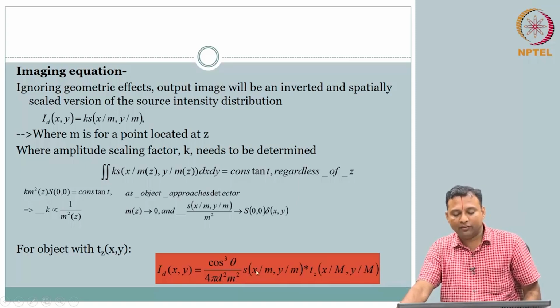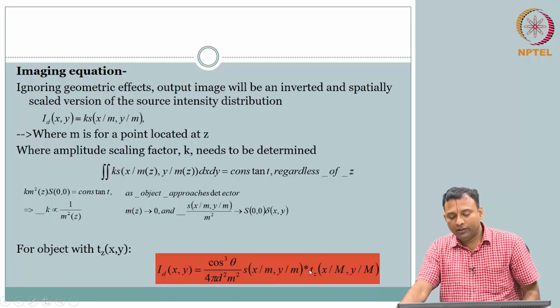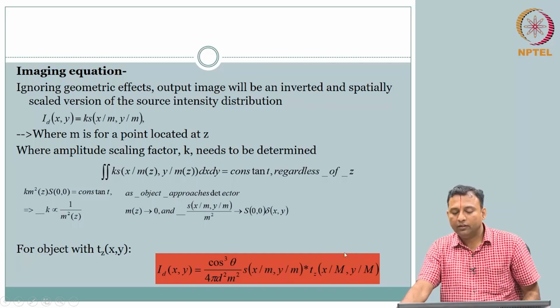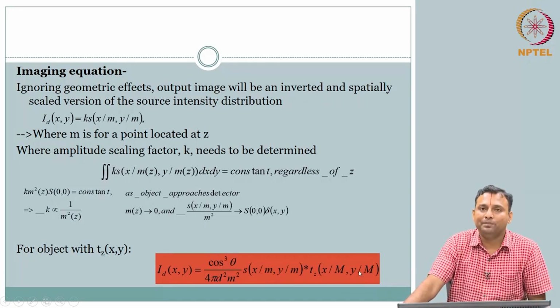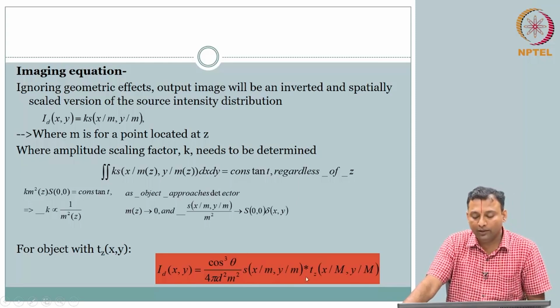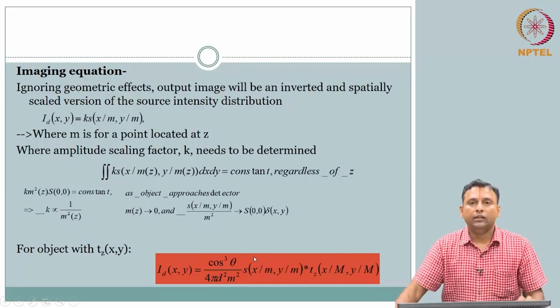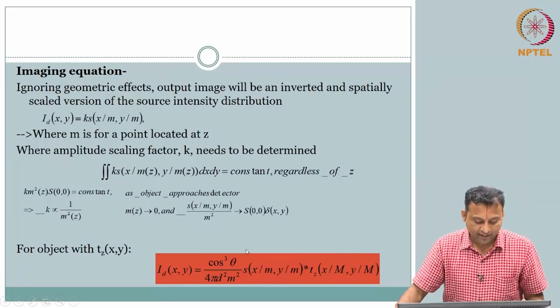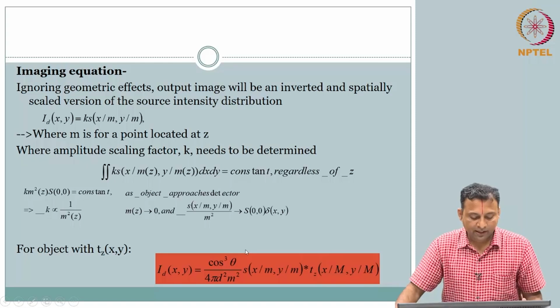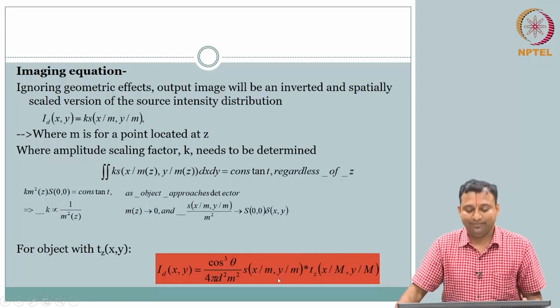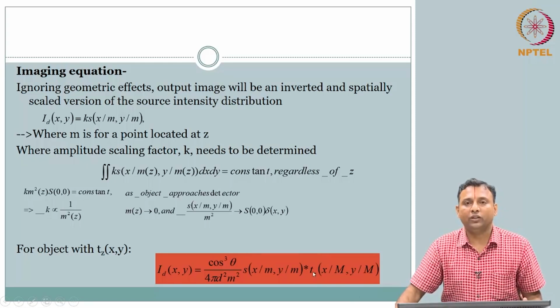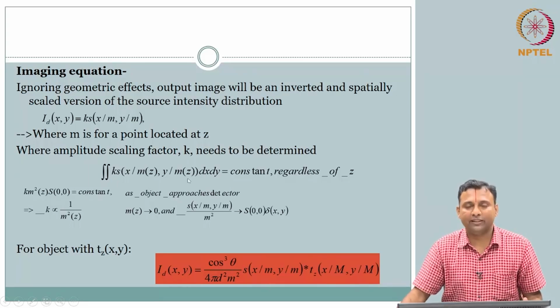M square s of x by M, the scaling magnification, convolved with, since we got this for a point, therefore we are convolving it with your t z of x by capital M, y by capital M. So for one point, if you do that, we can treat this as convolution. Clear? So you see the advantage of using t z. We have just written the object, so it is convolved with the object. All these effects are incorporated.